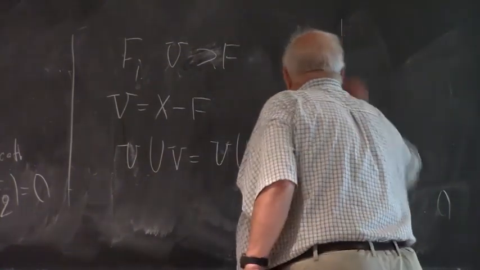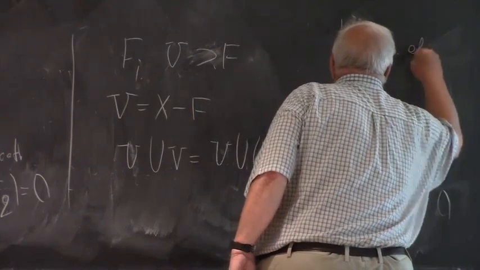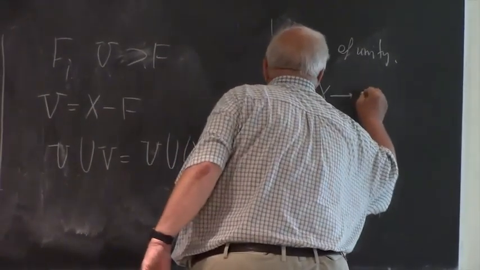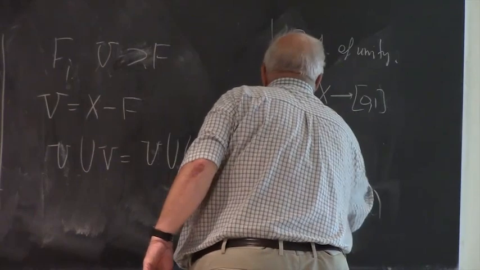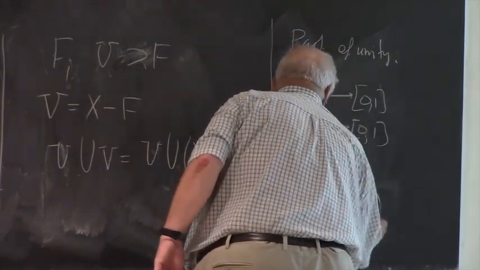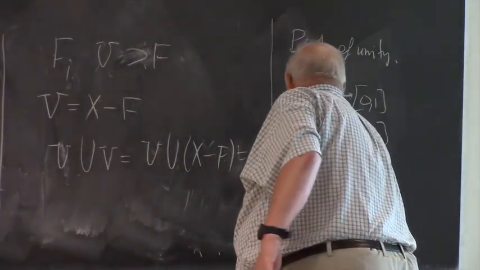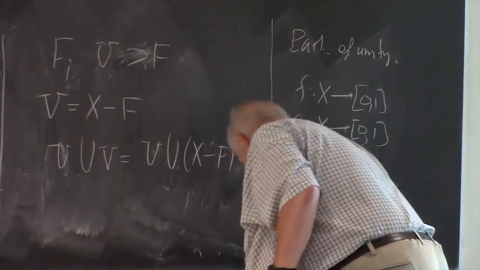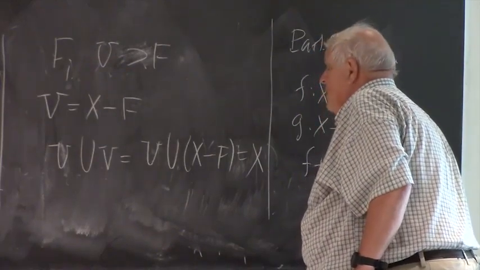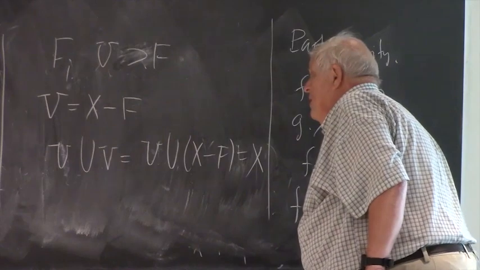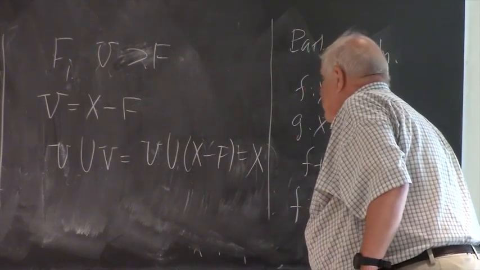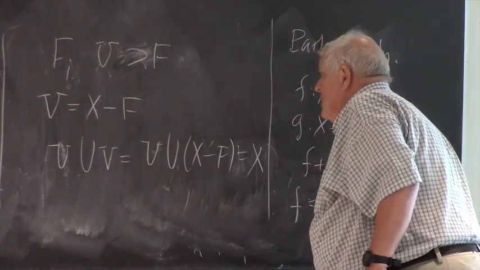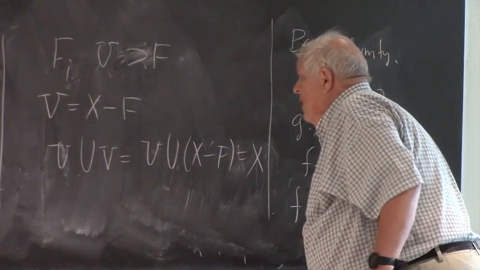So I have two functions, f: x into [0, 1], g: x into [0, 1], f plus g is 1, and the supports are contained in u and v, which means in particular that one of these functions, f, is 0 in the complement of v.